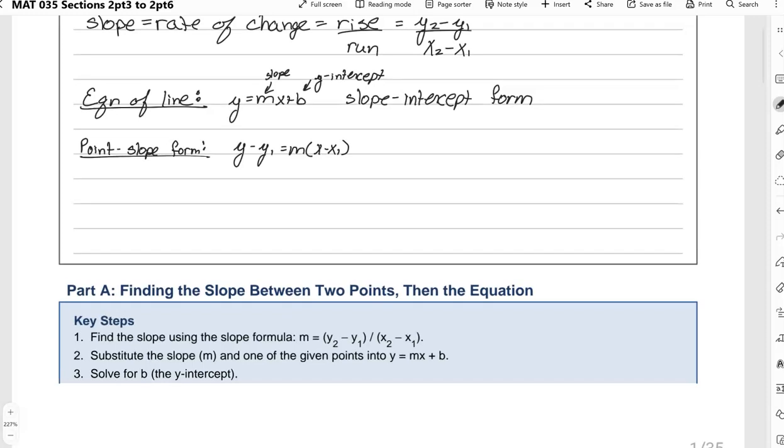If my slope is positive, then that means this line is going to be increasing. So we'll go back to our notes section to say that. If the slope is positive, then the line is increasing. So it's rising from left to right.